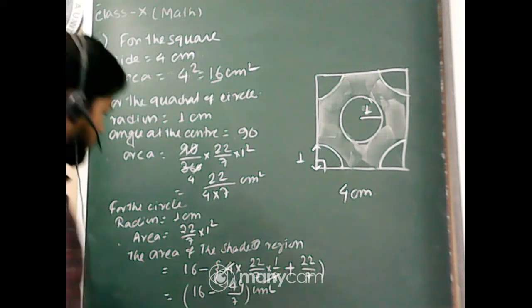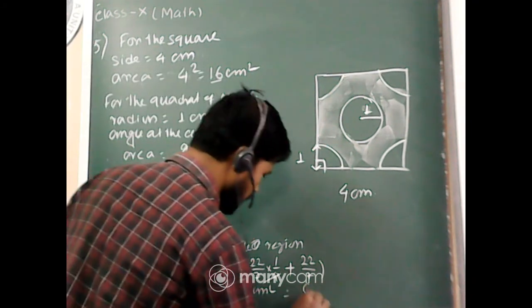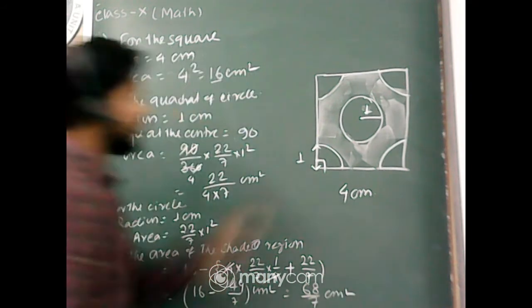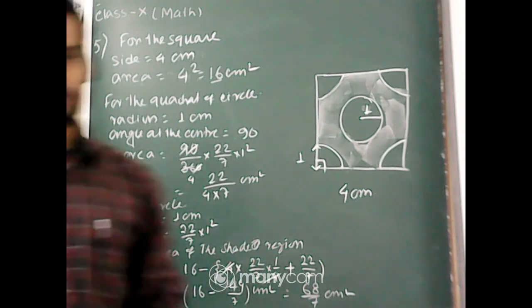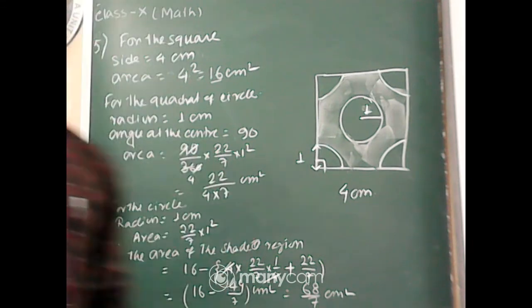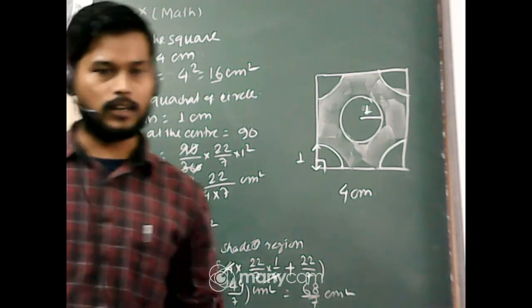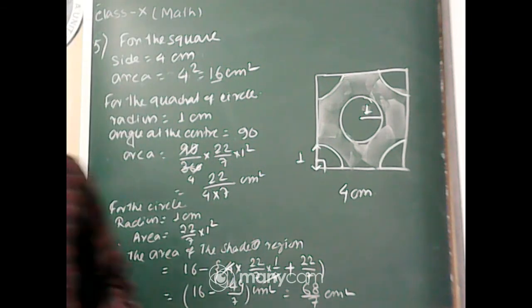Very good. 68 by 7 centimeter square is the area of the shaded region. So that is the answer of the question. Now tell me, do you have any question, any confusion in this question?